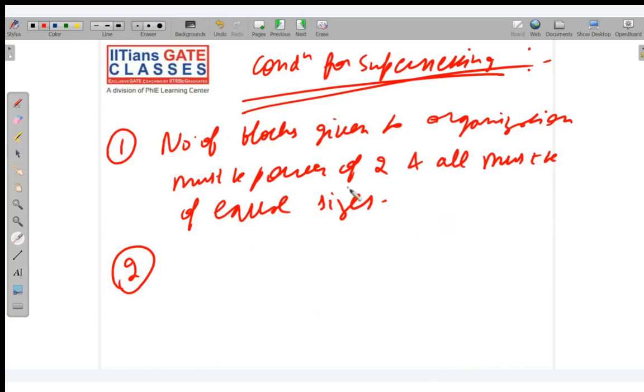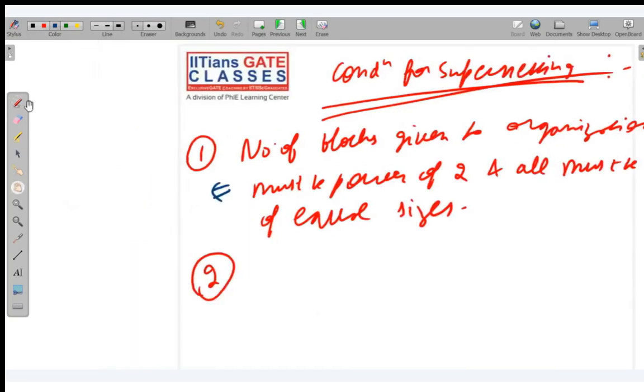So the first point is saying must be a power of 2. So directly or indirectly this means an organization can demand 2, 4, 8, 16 and so on blocks of any class.